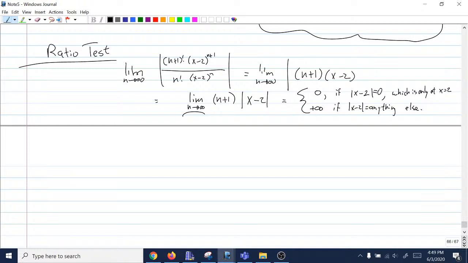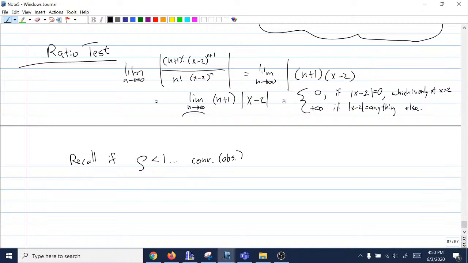What does the ratio test tell me? The ratio test, recall, if that limit rho is less than 1, it converges absolutely. By the way, we don't care too much about the difference between absolute convergence and conditional convergence. We will mention it once in a while. But for this x thing, we're just asking when does it converge.